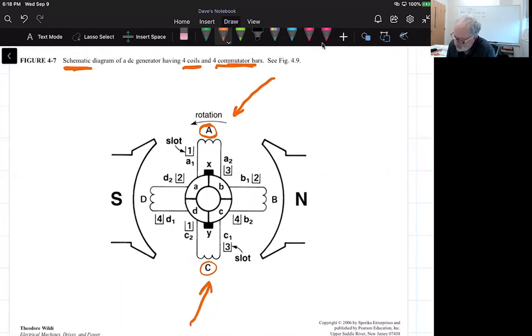So the voltage developed on coil A or coil C is what we're going to say is 0. So we're saying those would be 0.